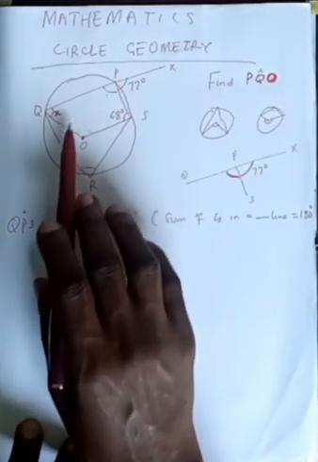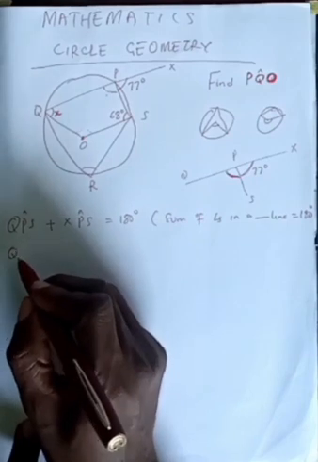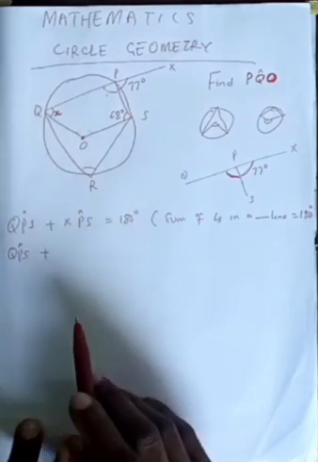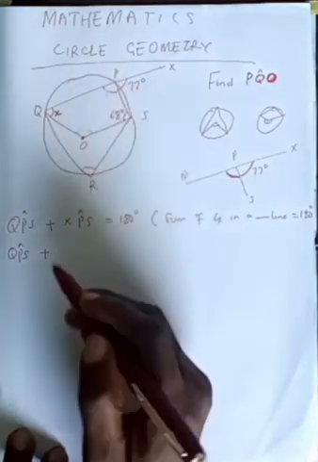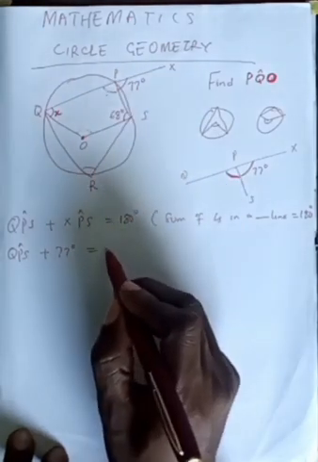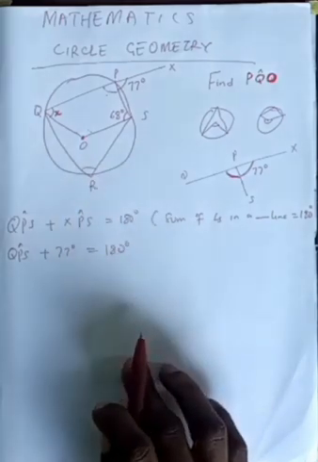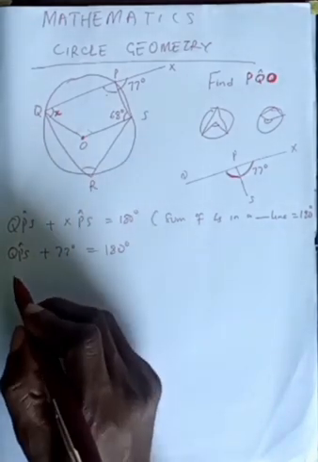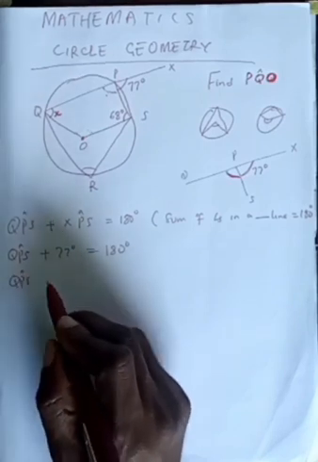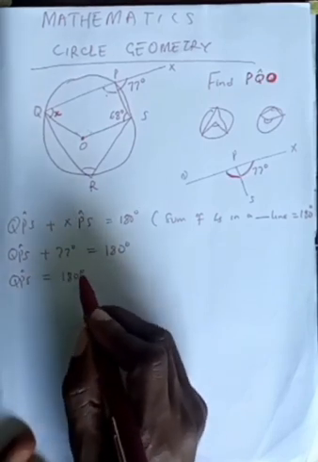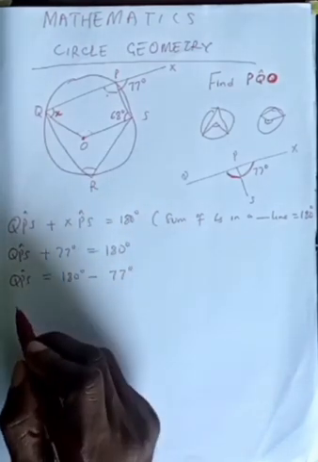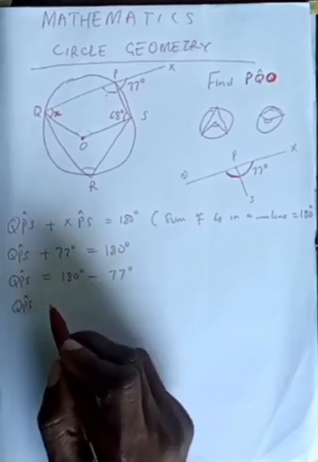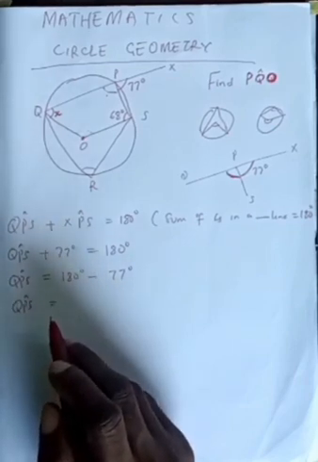Now what do we have under QPS? No value is given there. We call it QPS plus, and what is XPS? We can see that XPS there is 77. So plus 77 degrees gives the value of 180 degrees. Now getting my QPS, it becomes 180 degrees minus 77 degrees. So QPS now has the value of 103 degrees.